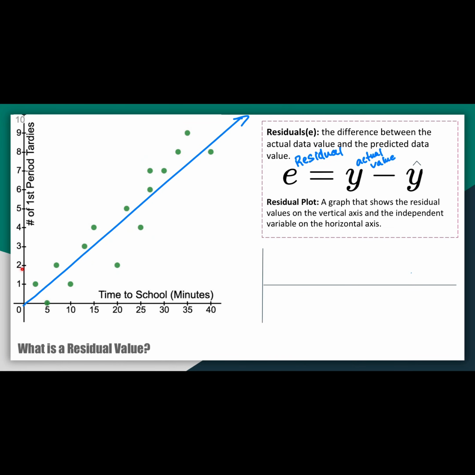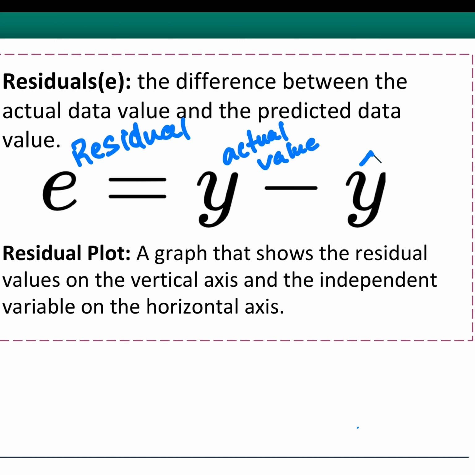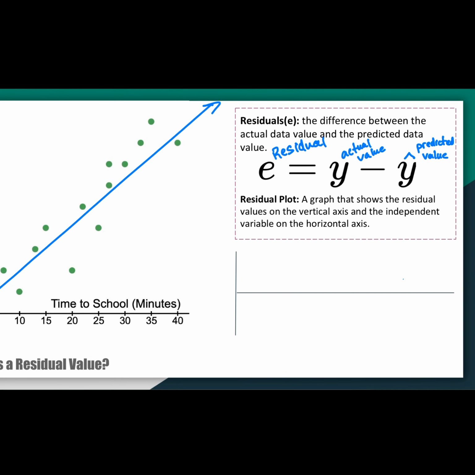They're the ones that really happened, not the predicted ones. And this y with a caret, ŷ, is your predicted value. Now, to get the residual, we really are just taking the actual y value and subtracting the predicted value. So it's nothing too crazy, okay?